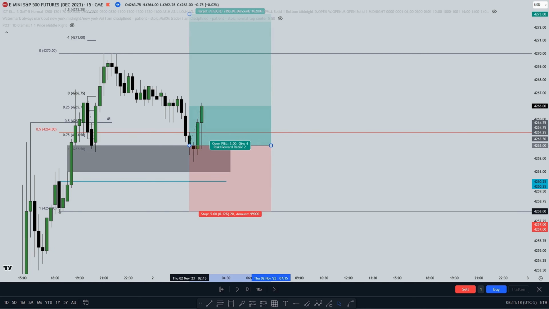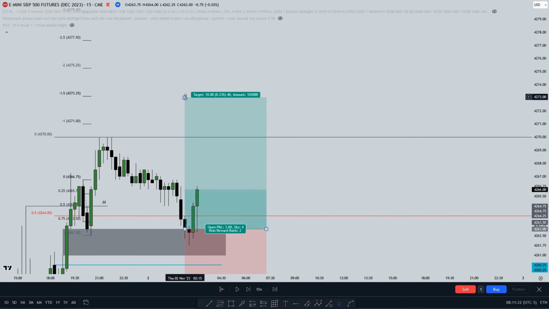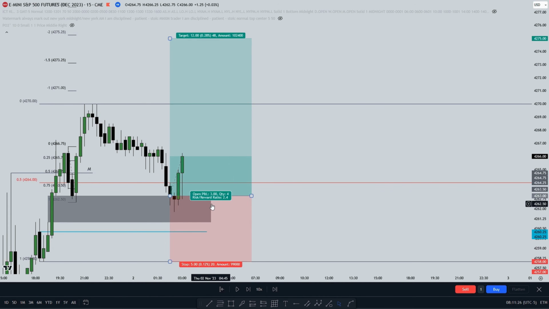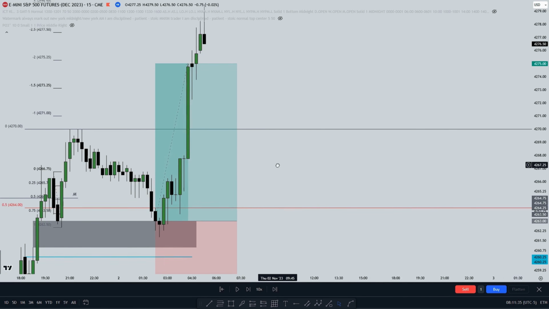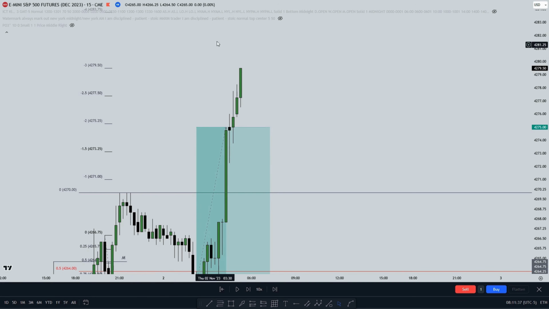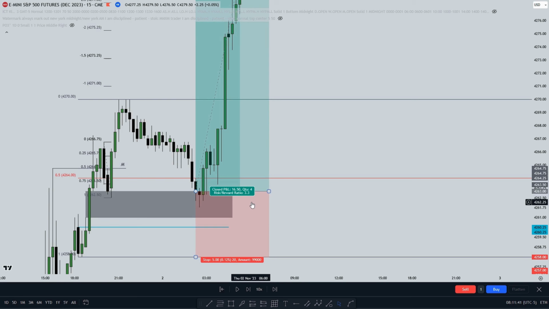So our stop loss would be right below the propulsion block, and then we would be targeting the -2 to -2.5 range, which will give us a risk reward ratio of 2.4. So now let's see what happens. And right here we end up going even higher to the -3 range, creating a 3.3 risk reward ratio.